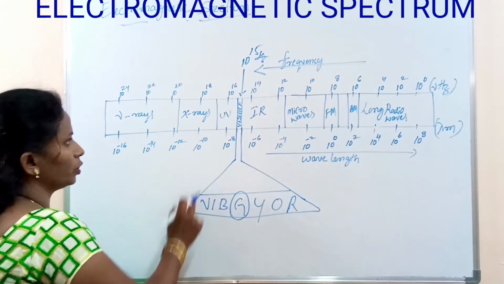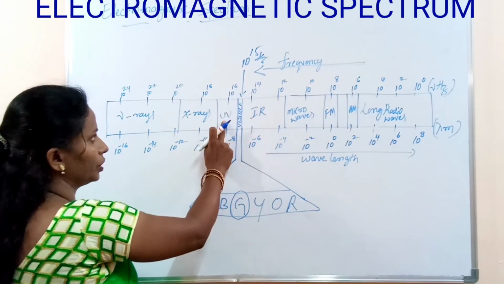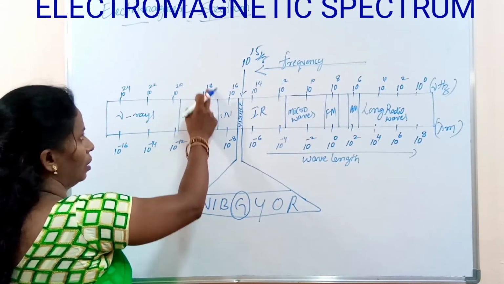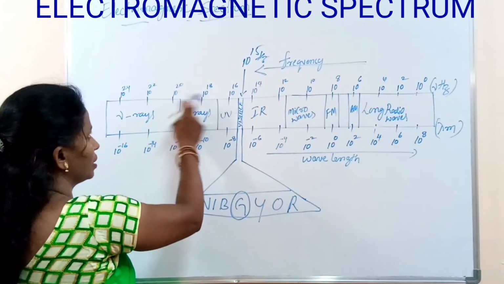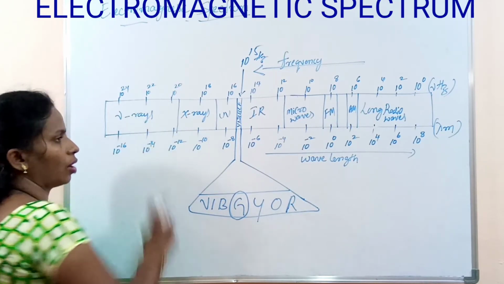Next, UV radiation is around 10 to the power of 16. Then X-rays, from 17 to 19, around 10 to the power of 18. This is frequency in hertz, and from 19 onwards, gamma rays.